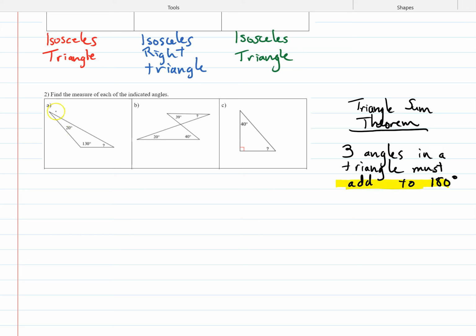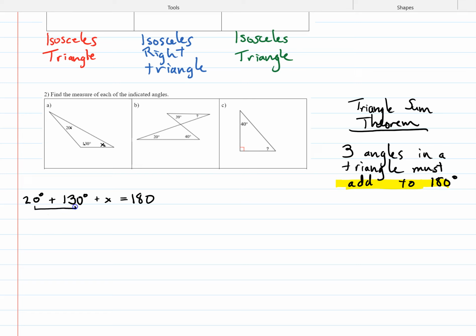So if we're looking at A, we have 20, 130, and question mark. Since we don't know what the question mark angle is, I'm going to give it a name, like X. X is the unknown. And then 20 plus 130 degrees plus X. Those 3 angles have to add to 180.